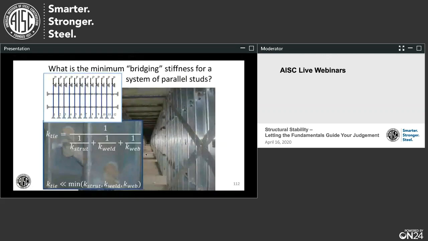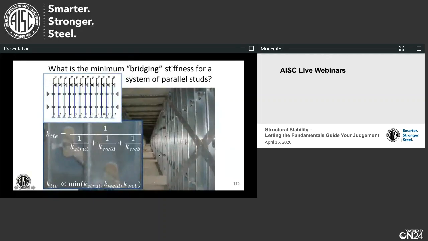On the other hand, the cold form folks are trying to develop gravity systems in which they put a whole bunch of columns in parallel, and they're trying to develop the full strength of all those columns in parallel. And so they have to look very closely at the stiffness of the struts running in between the columns. That's what I'm showing you here in the picture. You can see them going through about at the quarter points.